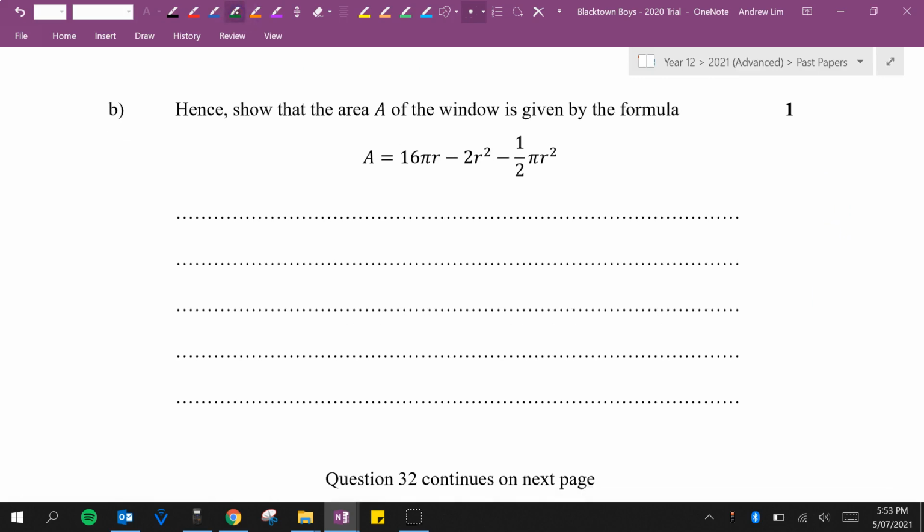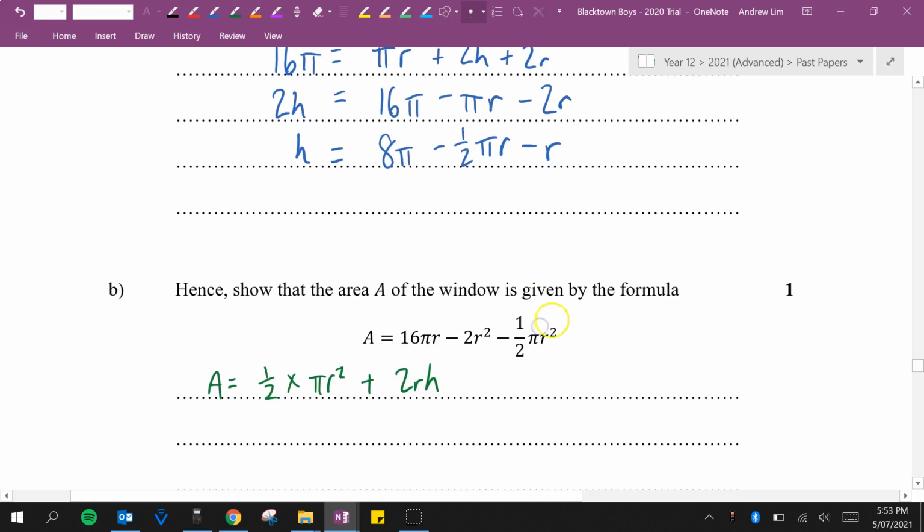Question B. Hence, show that the area A of the window is given by the formula A is equal to 16 pi r minus 2r squared minus half pi r squared. So the area of the window, we know, is half of pi r squared for the circle, plus 2rh for the rectangle.